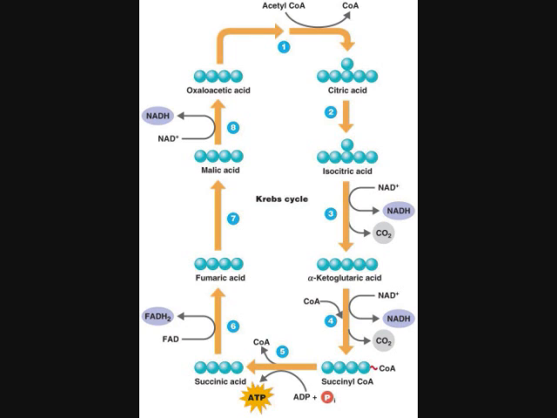This then undergoes another reduction reaction of NAD+ to NADH with the release of CO2 to create succinyl-CoA, which is hydrolyzed. With this additional energy, ATP is formed. This reaction releases CoA to make succinic acid. FAD is transformed to FADH2 through oxidation to form fumaric acid, which is then hydrated to malic acid, and NAD+ is reduced to NADH to form oxaloacetic acid.